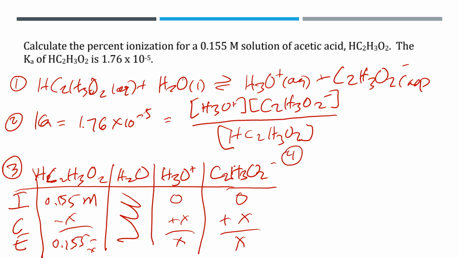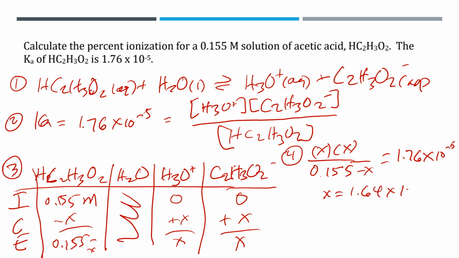So x times x over 0.155 minus x equals 1.76 times 10 to the negative 5. You can use your calculator, or you can assume the minus x is negligible and just solve for x squared. x is 1.64 times 10 to the negative 3 molar. So my hydronium ion concentration is 1.64 times 10 to the negative 3 molar.